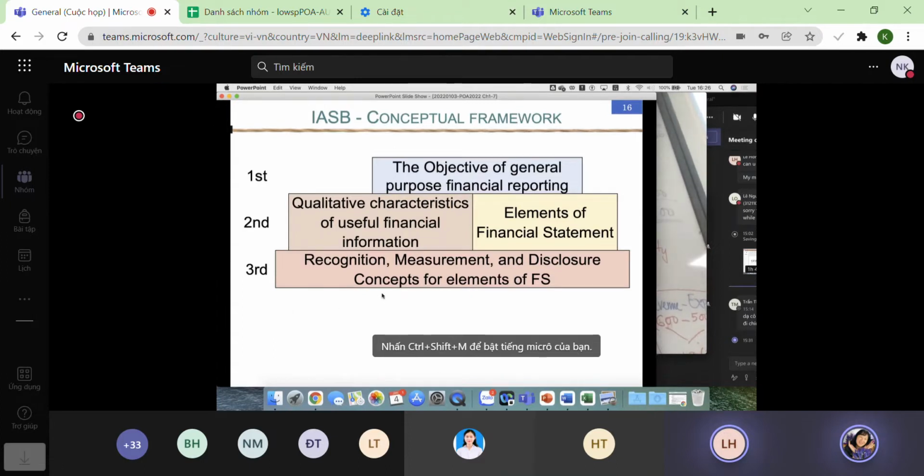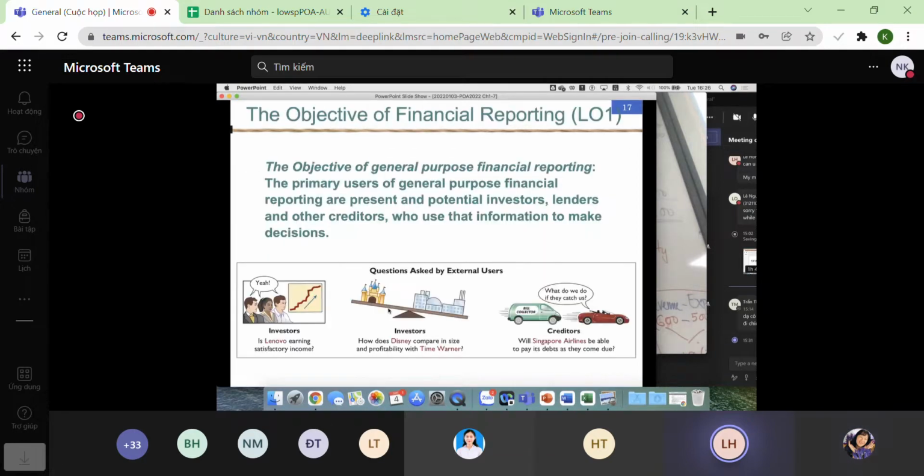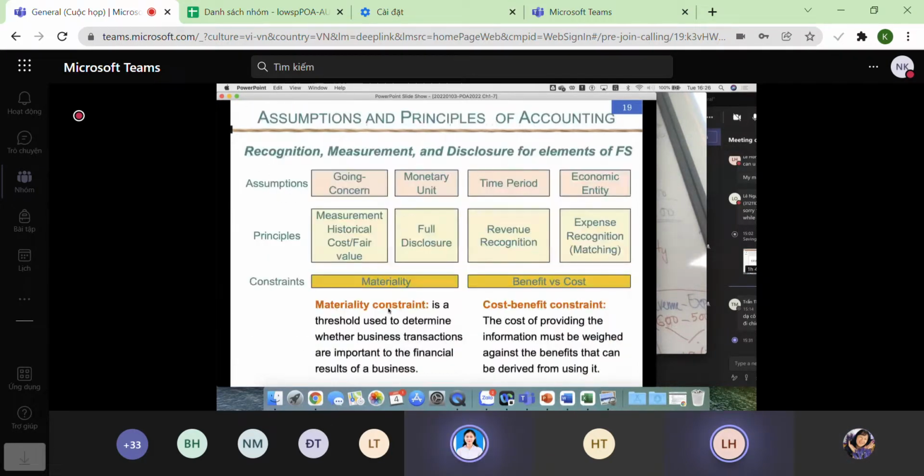And in order to recognize or measure these things, we need to base on principles and assumptions. So here, they build up principles and assumptions for accounting to prepare financial statements. To recognize and measure the elements of financial statements, we have assumptions and principles and some constraints.